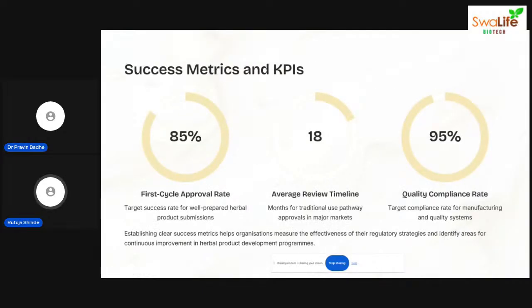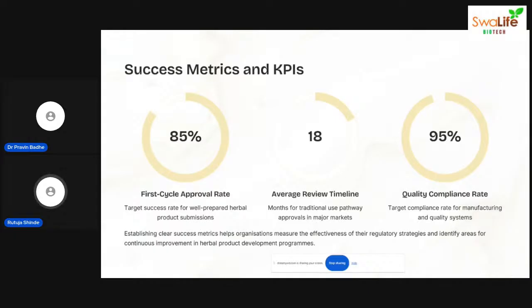Then success metrics and KPIs. KPI is key performance indicator, which evaluates progress towards specific business goals. So, how do we measure success in regulatory submissions? Key metrics include first cycle approval rates, average review timelines, and compliance rates for quality systems.